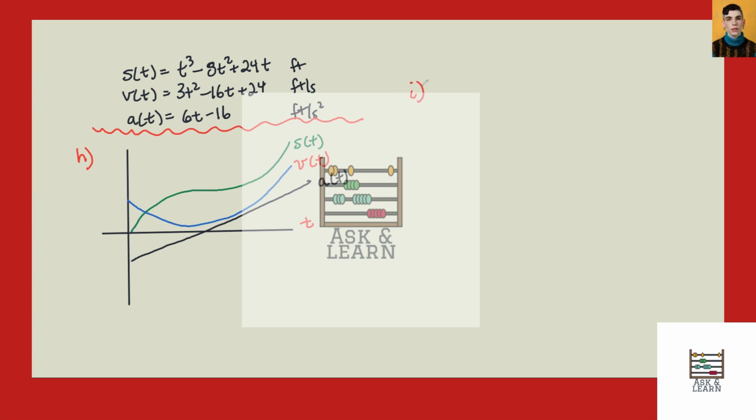Part I and J we'll do together. I is times when the object is speeding up, and J is times when the object is slowing down.